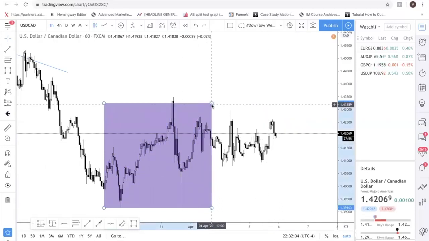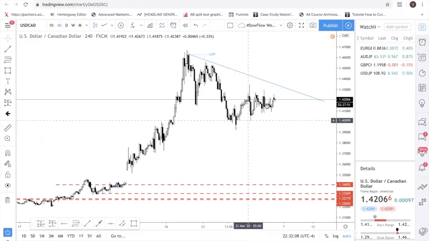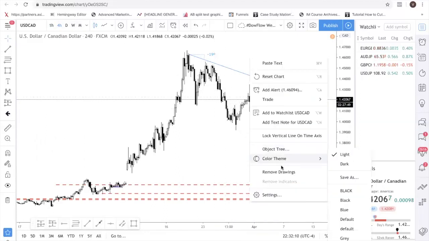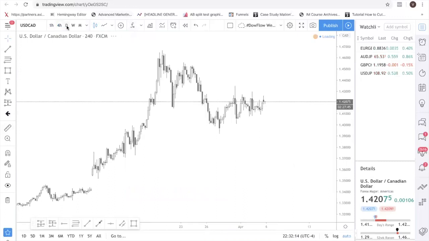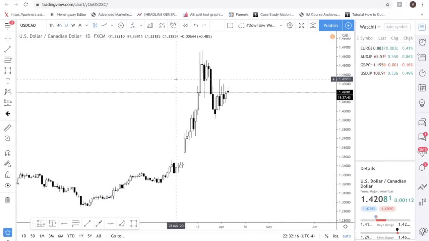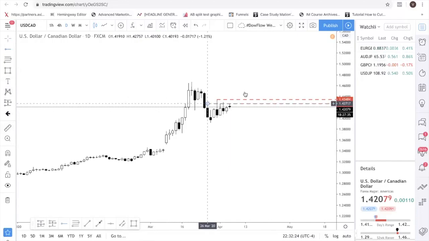Okay, so you can see over here that dollar CAD is kind of in a mess too. It's in consolidation mode. Let me just clear the drawings. Okay, it's in consolidation mode. So right now you can see that there's a lot of wicks over here, right? The upper wicks, and you have all these wicks.